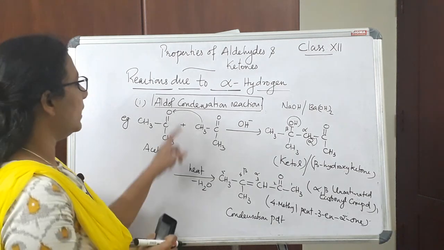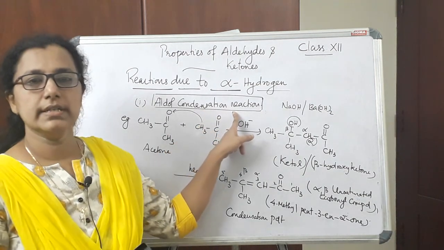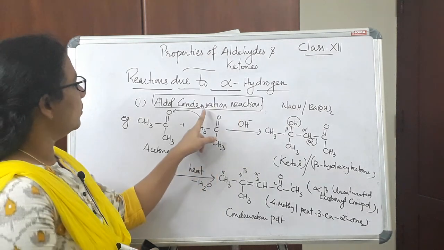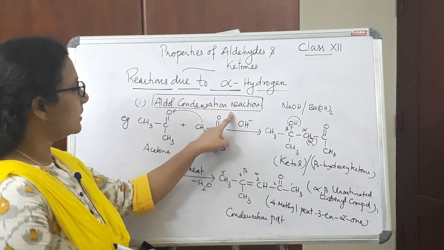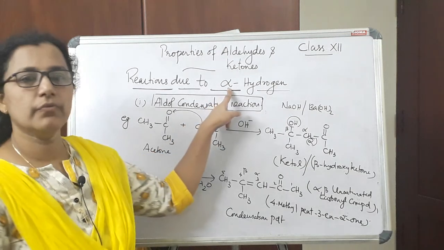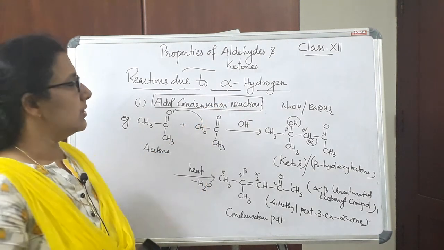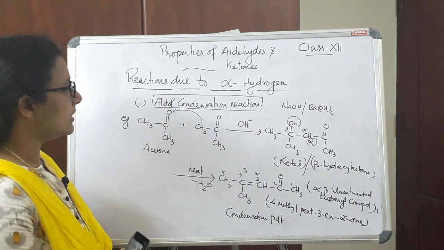We generally use the name aldol condensation reaction whether it is an aldehyde or a ketone. This aldol condensation reaction is due to the presence of alpha hydrogen in the aldehyde or ketone. So this is about aldol condensation reaction.